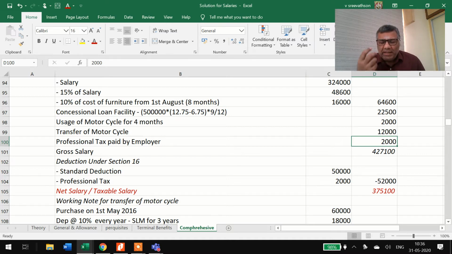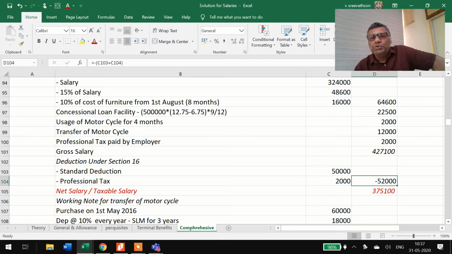If I increase the salary by 2,000, have I paid it to him? No, I have paid it to the government. So I do a technique of increasing the top portion also by 2,000 and reducing the bottom also by 2,000. That is what I did. Okay, sir.